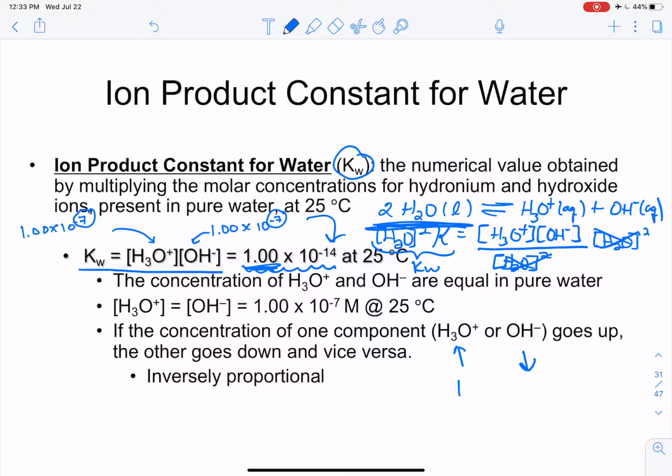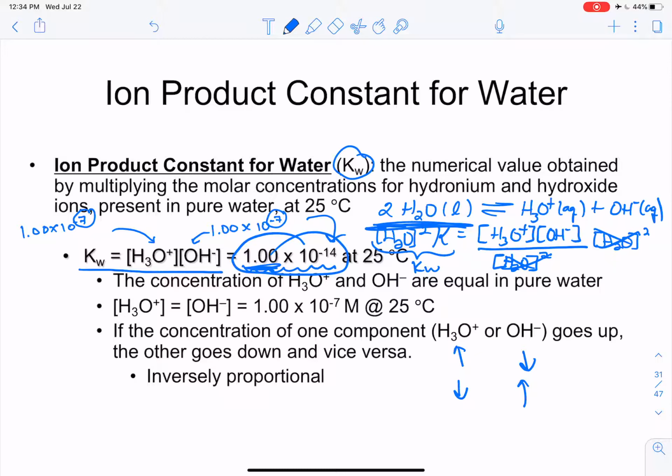And if we decrease the concentration of hydronium, we're going to have to increase the concentration of hydroxide, because Kw is going to always want to be at 1.0 times 10 to the negative 14, so it will adjust. So these things are inversely proportional. If one goes up, the other goes down, and vice versa.